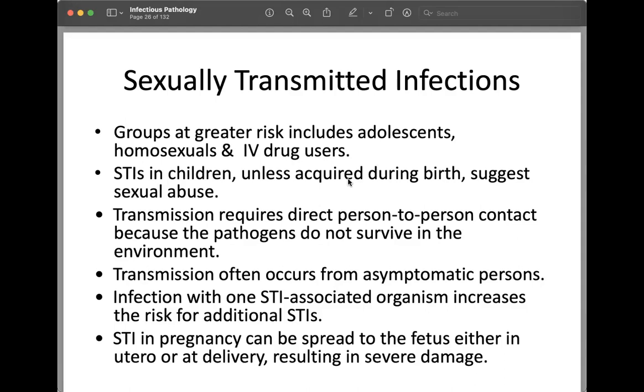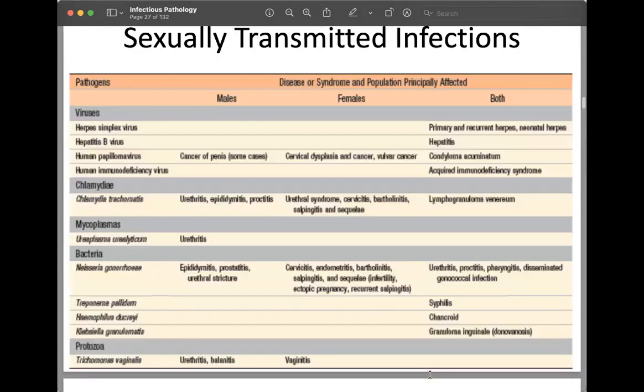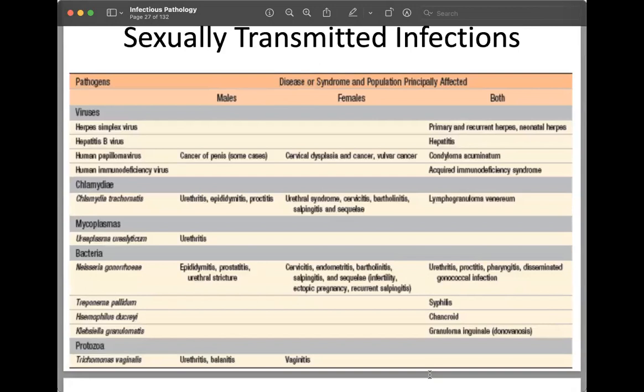This is the reason why if you have gonorrhea or syphilis, we usually test for other sexually transmitted infections like hepatitis B and HIV, because the risk factor is the same. So these are examples of sexually transmittable infections.